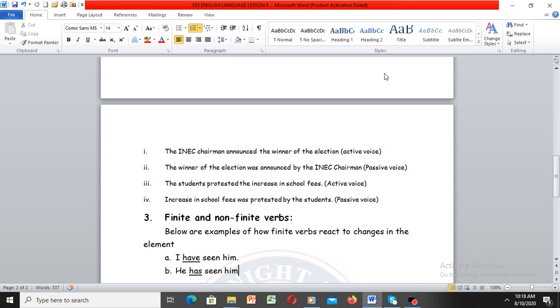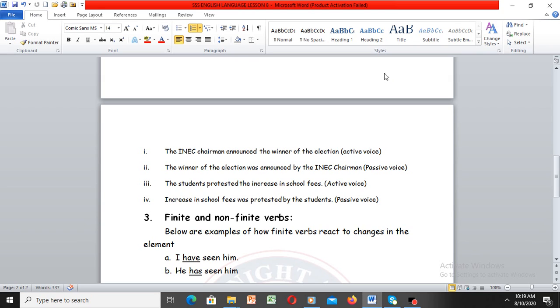Why is it active and passive? The INEC chairman there is active because he is opening the sentence, he is the subject of the sentence. While in the winner of the election was announced by the INEC chairman, it makes it passive because the INEC chairman has now become the receiver of the action.